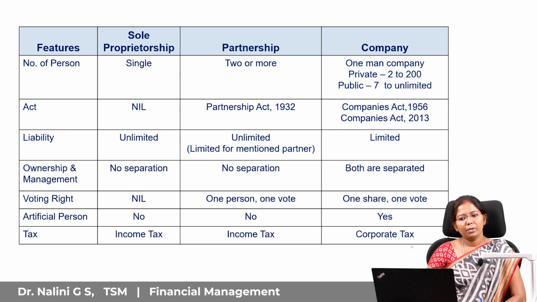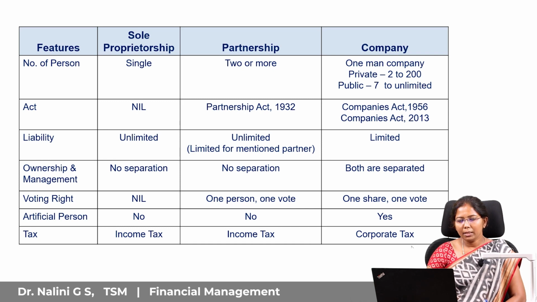Sole proprietorship, only 1 person, partnership 2 or more than 2 persons, and company, public, private, even one man can also form a company. Act, Partnership Act 1932, Companies Act earlier was 1956, and the recent one is 2013. Liability, in sole proprietorship and partnership the liabilities are unlimited except the minor partner, whereas in company it is a limited liability.